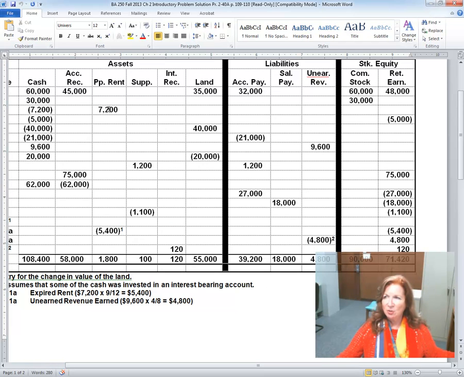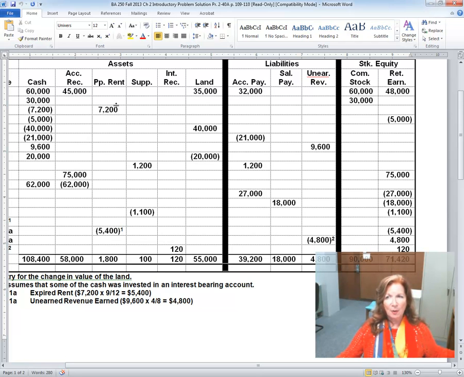It was 7,200, and of the 7,200 of the prepaid rent, 5,400 was transferred over to rent, and 1,800 was left in the prepaid rent account. So 7,200 is a mixed balance.